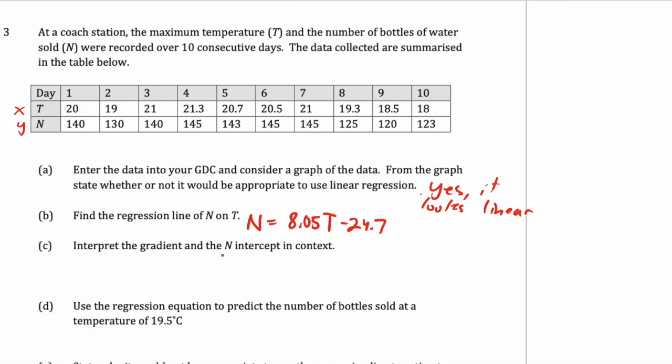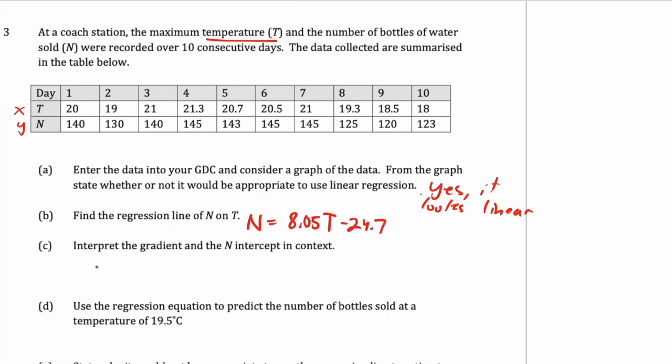Interpret the gradient. So the gradient is always a rate of change, and it's the rate of change of the y value over the x value. So in this case, the number of water bottles sold per day, per 1 degree increase in temperature, because capital T is temperature.